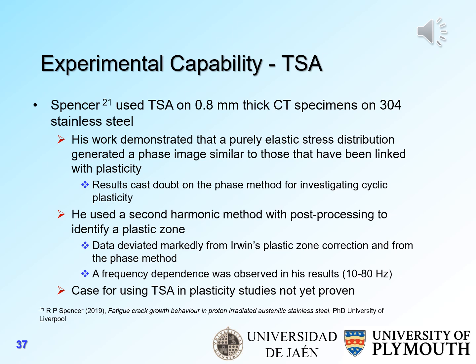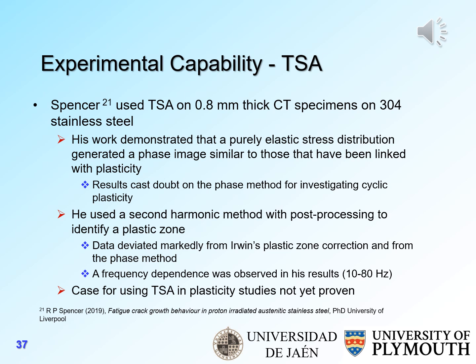So he used TSA on 0.8mm thick CT specimens in a 304 stainless steel, and his work demonstrated that a purely elastic stress distribution generated a phase image similar to those that have been linked with plasticity, and therefore those results cast doubt on using the phase method for investigating cyclic plasticity.